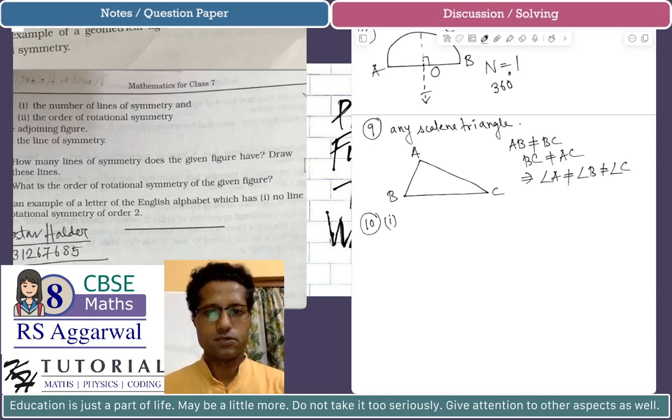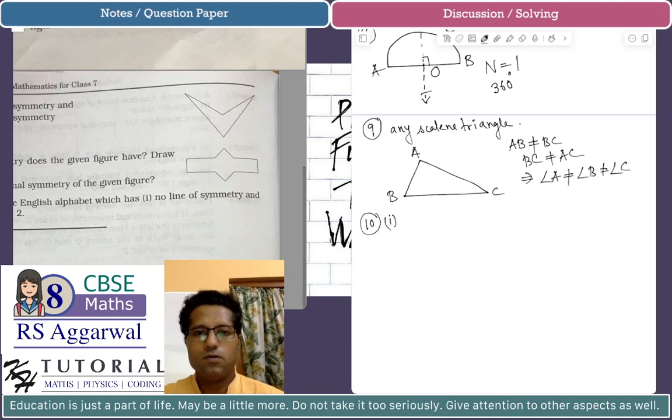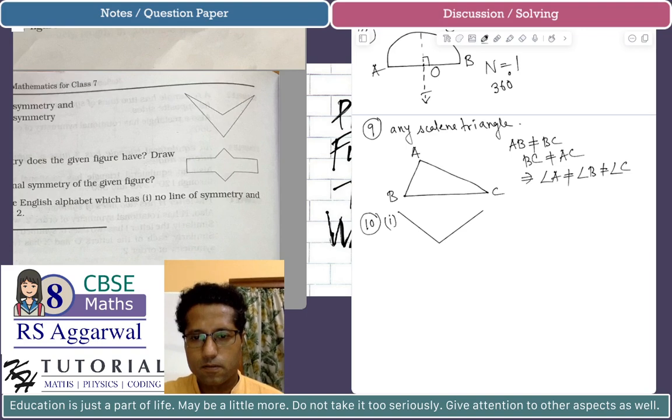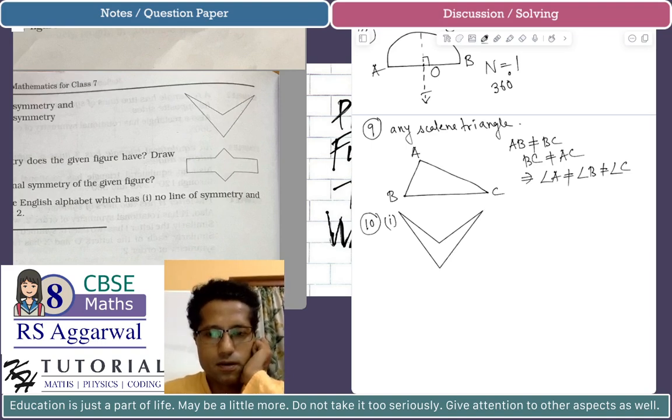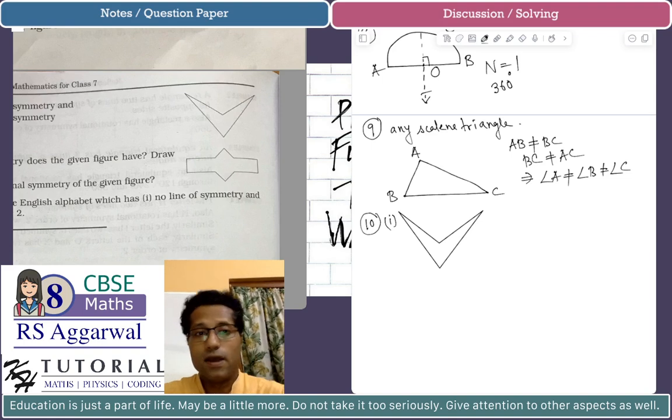Draw the line of symmetry. Okay, what figure is given? The figure given is something like this kind of figure. This is the given figure, and we are asked to find the line of symmetry and the order of rotational symmetry if there is.